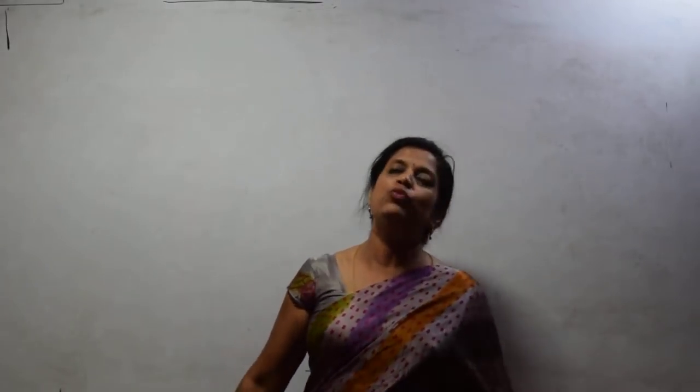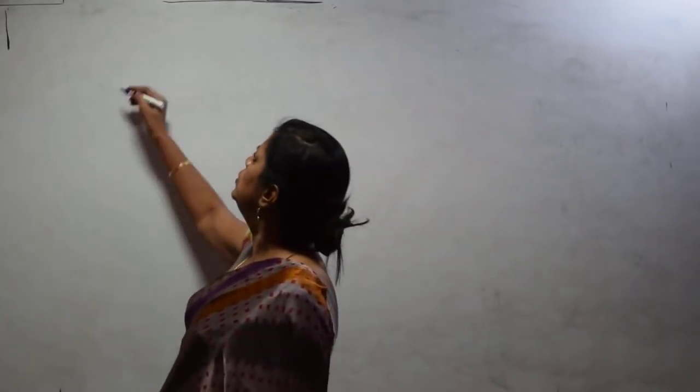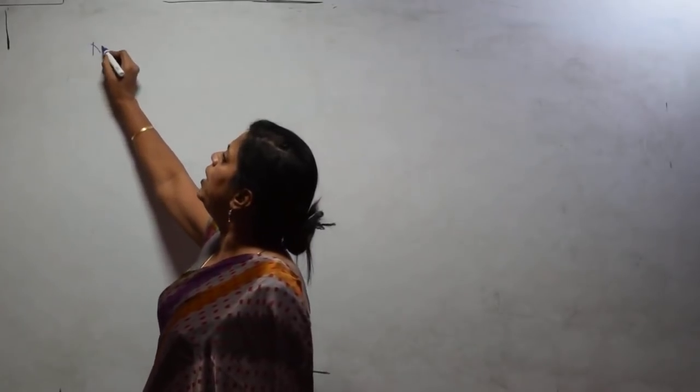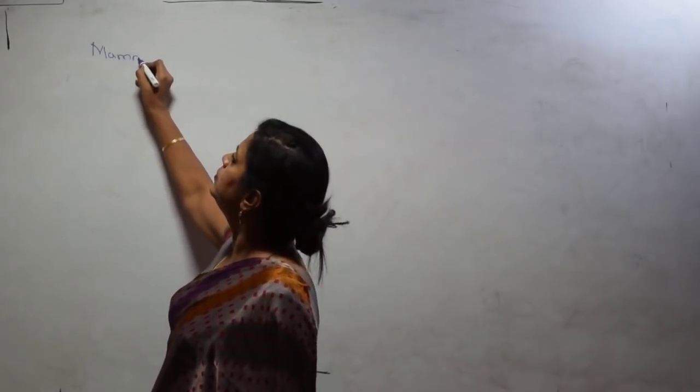Now let's move on to the last part of the structural topic, that is the female mammary gland. This is a very important question, which has been asked in many examinations. So let me give you the structure of the mammary gland in females.